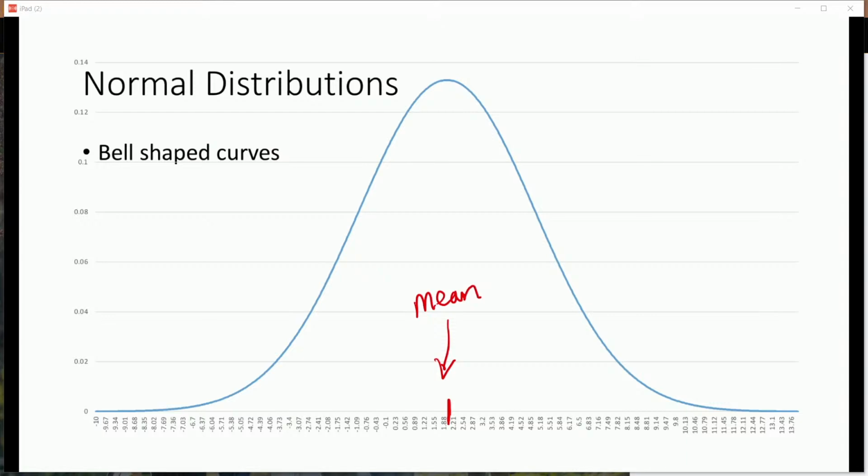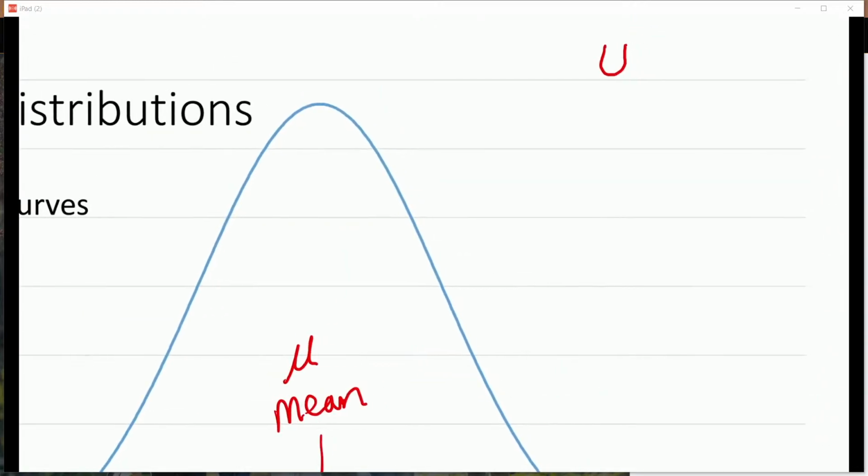We use the symbol mu. I know I've gone over this before, but students seem to have a lot of trouble drawing both normal curves and this symbol mu. You do a u, and then put a tail on both sides, but make the tail on the left a little bit bigger than the tail on the right, and that's what the Greek letter mu looks like. So you're going to be okay with that.